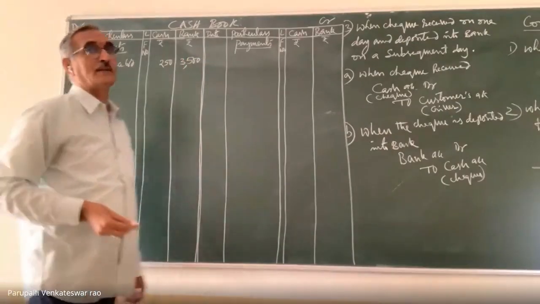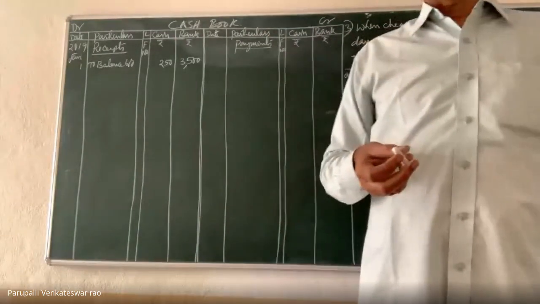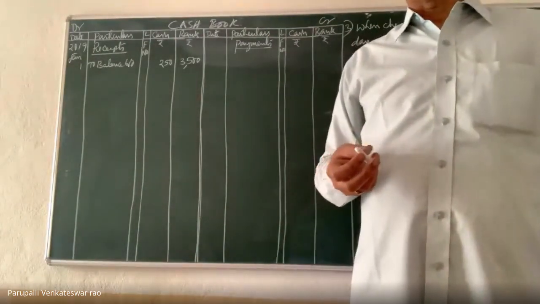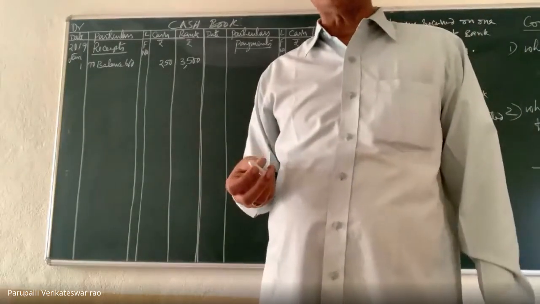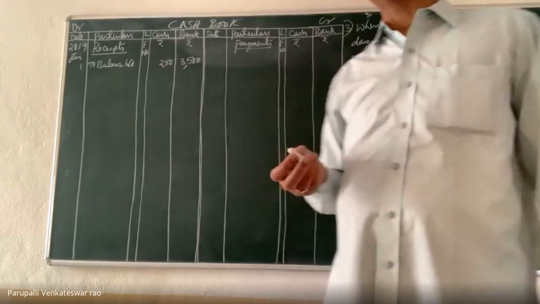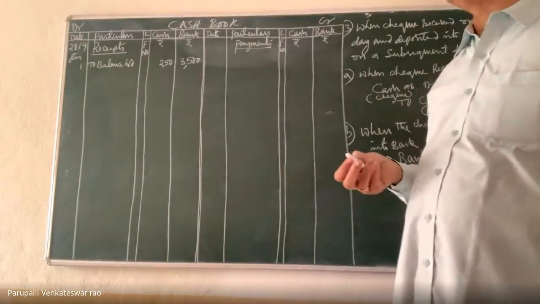This is called the opening balance. On January 1st, this businessman has 250 rupees cash in his office and 3,500 rupees in the bank. This is called the opening balance.